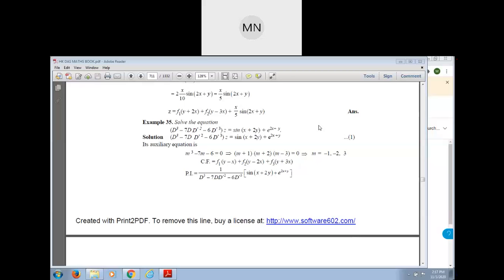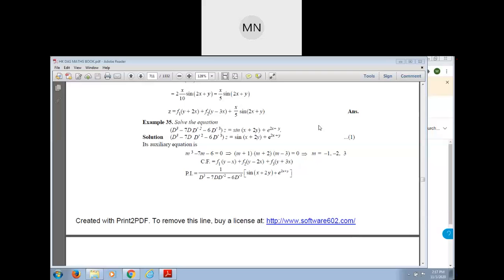Here, f of D comma D dash is D cube minus 7 D D dash square minus 6 D dash cube. And here f of x y is sine of x plus twice y plus e power twice x plus y.